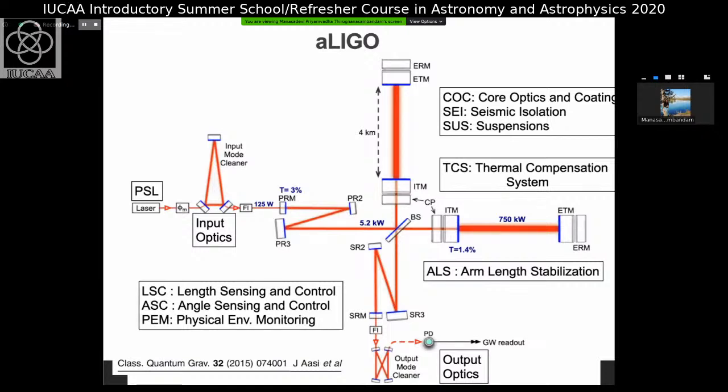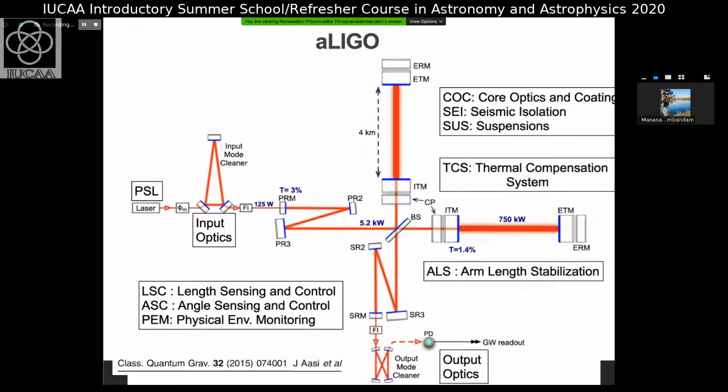So in order to correct for the radius of curvature, there are actually ring heaters and a CO2 laser that can impinge a heat image on these mirrors, so that you can heat the mirror appropriately and change its radius of curvature to a small extent, to correct for the thermal lensing effects that you see as the power builds up. So that is done by the thermal compensation system.